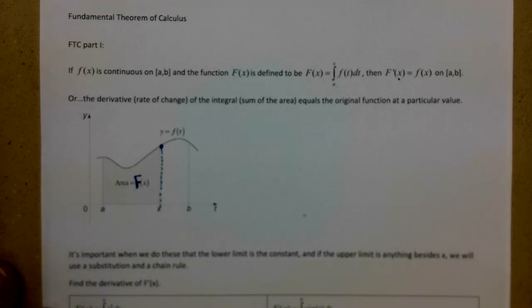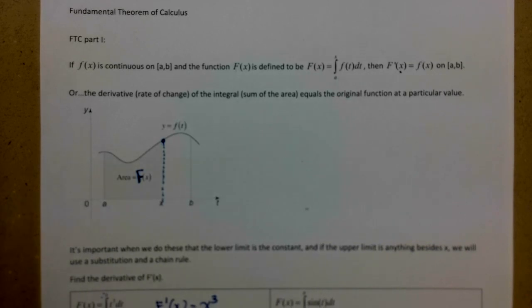So the first one, capital F, our area function, is defined to be the integral from 3 to x of t cubed dt, and we want the rate at which that's changing. So we want F prime. F prime of x, all we do is replace the variable with an x. So that equals x cubed. And for this one, you could actually find the antiderivative and then differentiate it, and you could see that this is what it is.